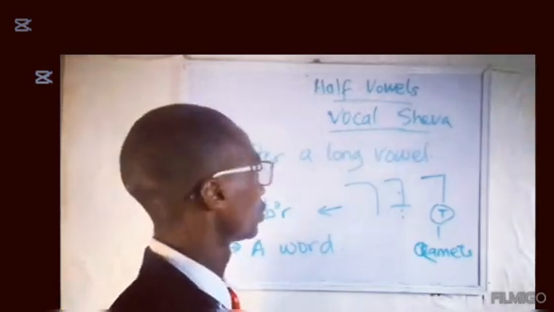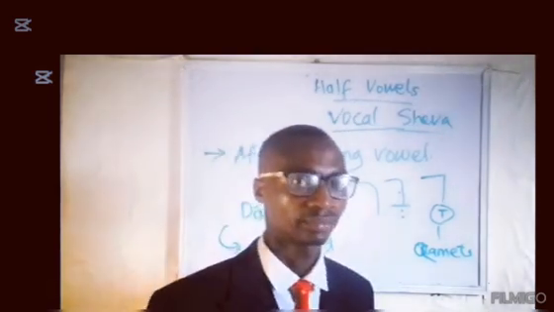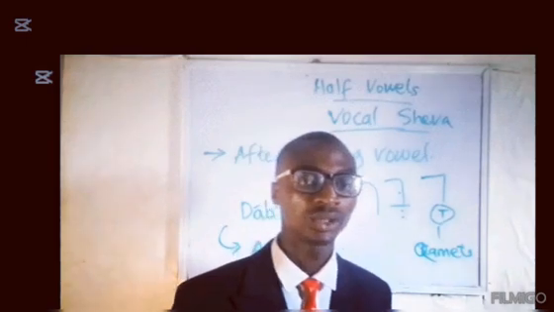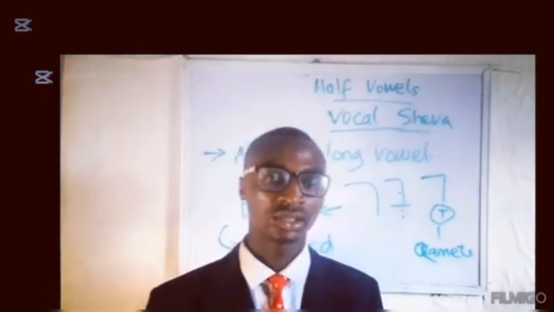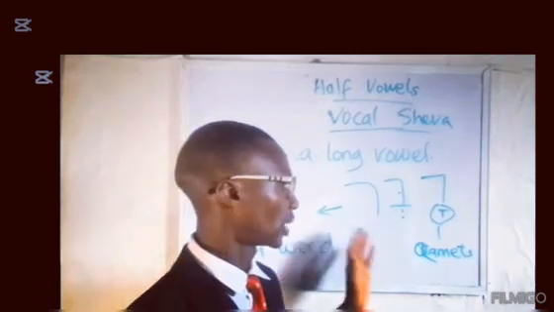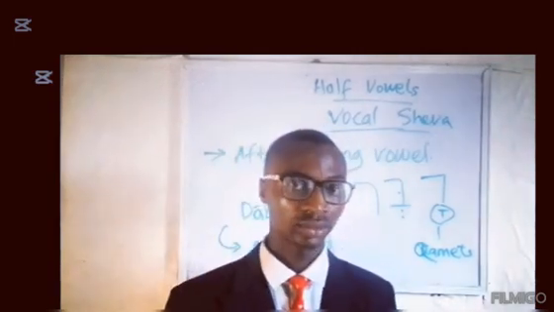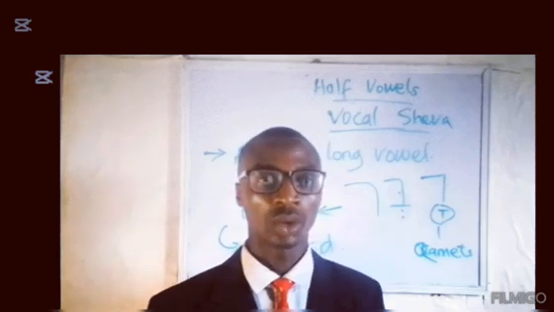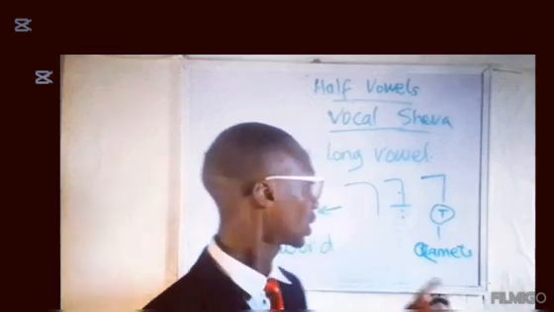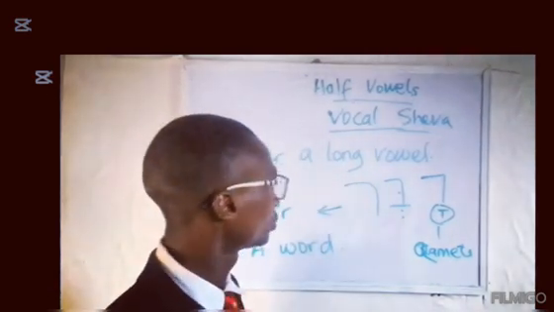Alright, so those are the parameters. Now I'm going to differentiate between the silent Sheba and the vocal Sheba. We have 4 guiding rules for this in Biblical Hebrew. Right, so now let's see how to go about them.